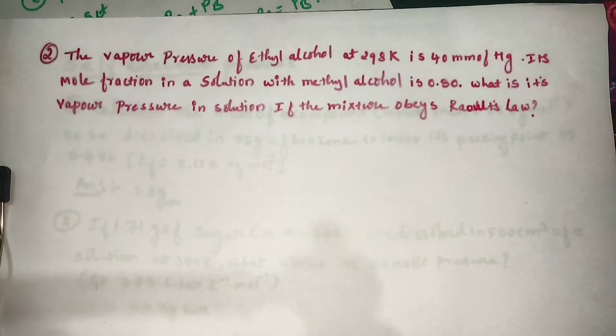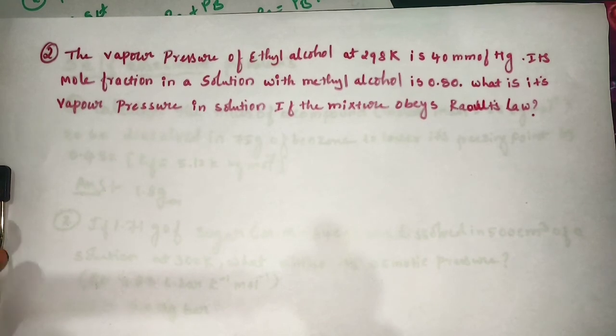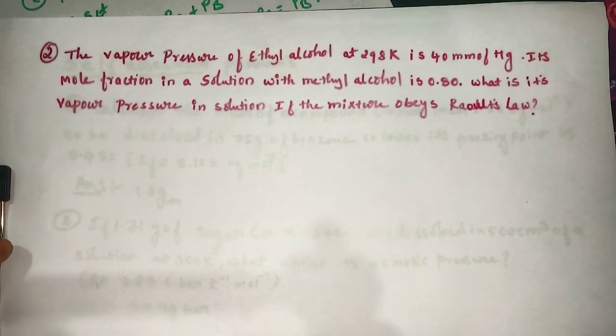The second question is, the vapor pressure of ethyl alcohol at 298 Kelvin is 40 mm of Hg. Its mole fraction in a solution with methyl alcohol is 0.80. What is its vapor pressure in solution if the mixture obeys Raoult's law? We need to calculate the vapor pressure of ethyl alcohol in the solution.